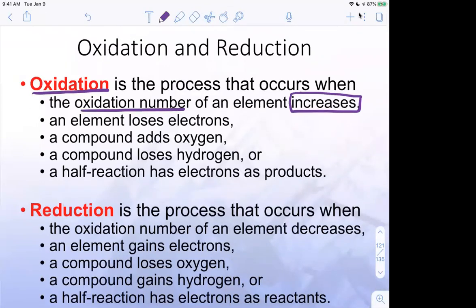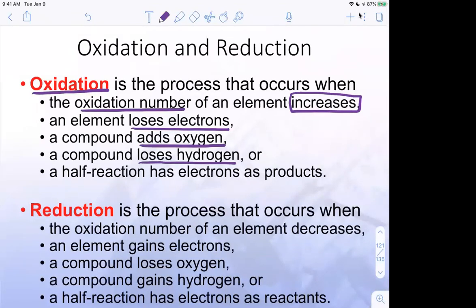If an element loses electrons, that's also oxidation. If a compound adds oxygen, that's also considered oxidation, and I could actually use my oxidation number assignment in order to prove that to you. If a compound loses hydrogen, that's also a sign of oxidation.